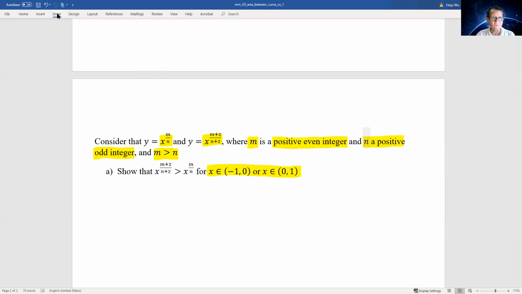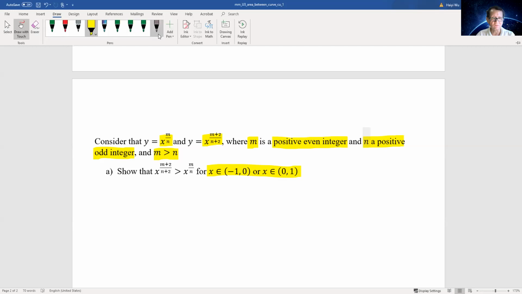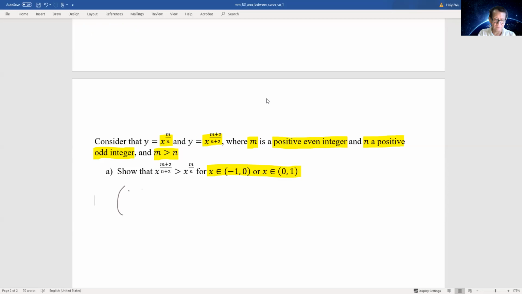So, okay, let's try to solve this. I'm going to write down, so in order to solve this, let's analyze it.